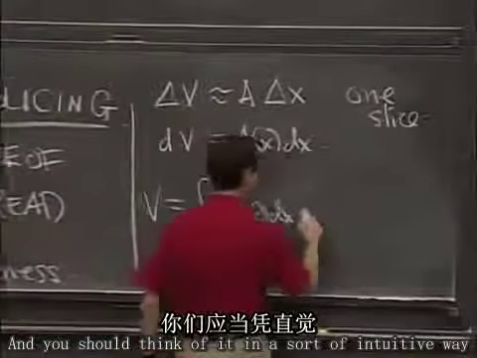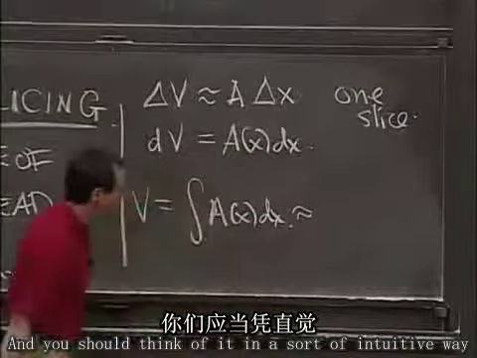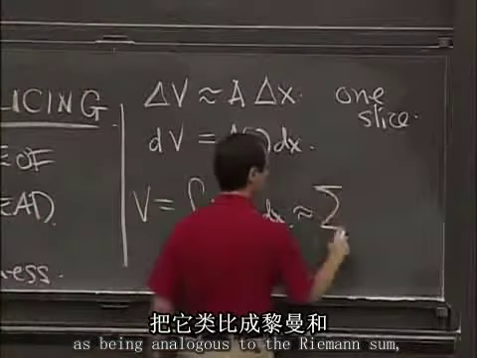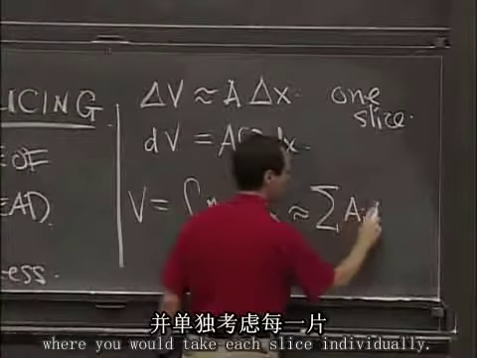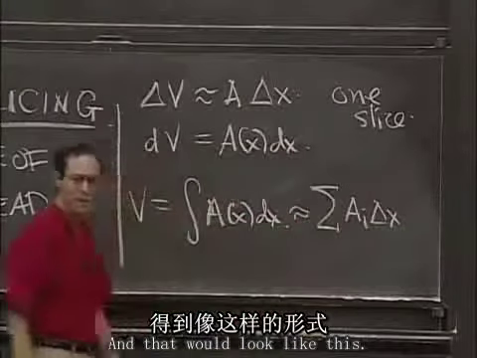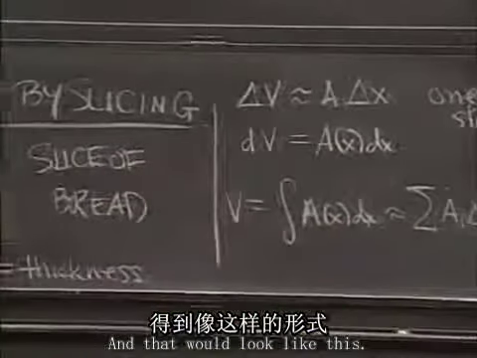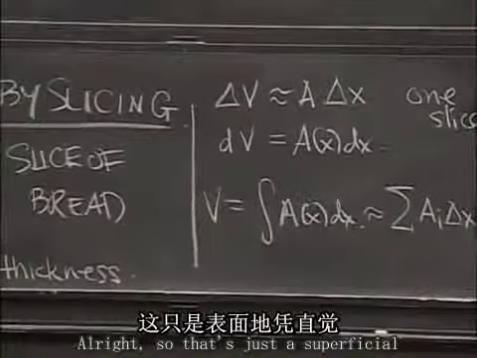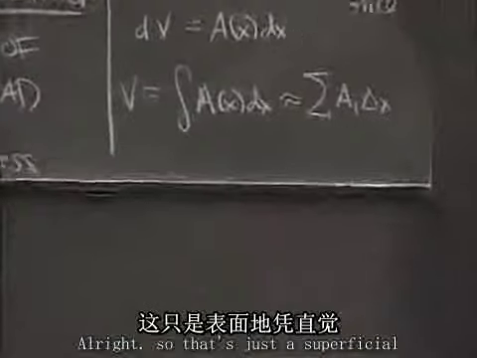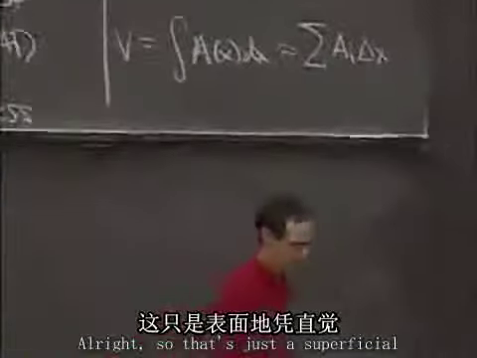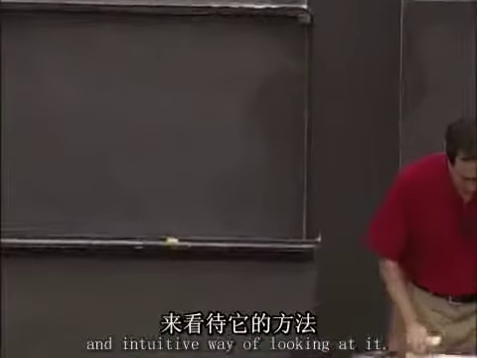And you should think of it in an intuitive way as being analogous to the Riemann sum, where you would take each slice individually, and that would look like this. All right, so that's just a superficial and intuitive way of looking at it.